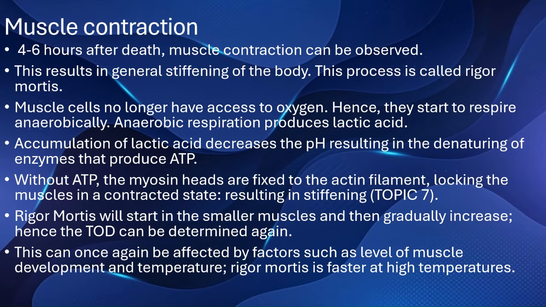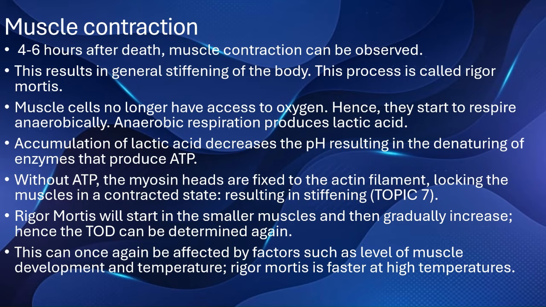As you would know, an extreme pH is going to lead to the denaturing of enzymes that produce ATP. Without ATP, the myosin heads, more on this in topic 7, are fixed to the actin filament. This locks the muscles in a contracted state, and this results in stiffening.